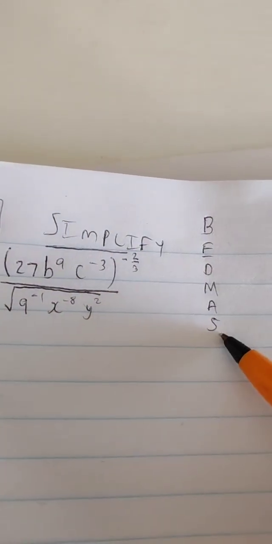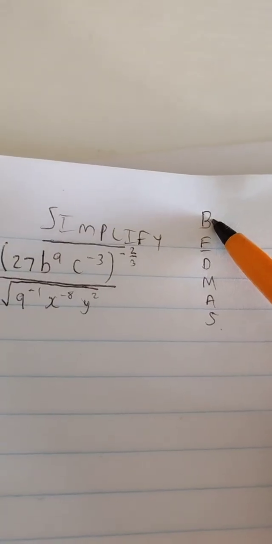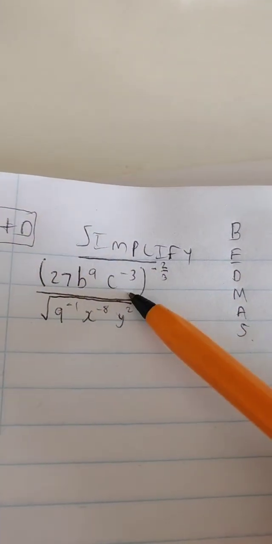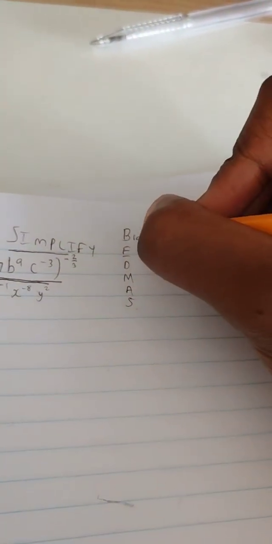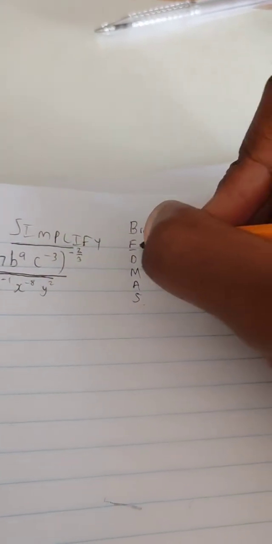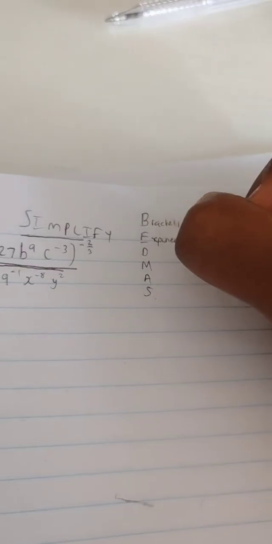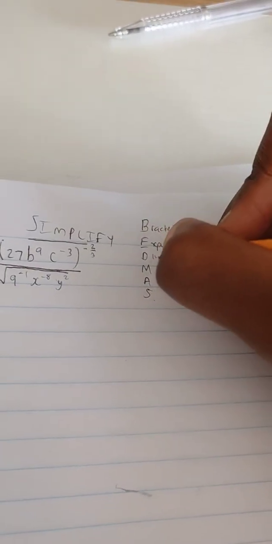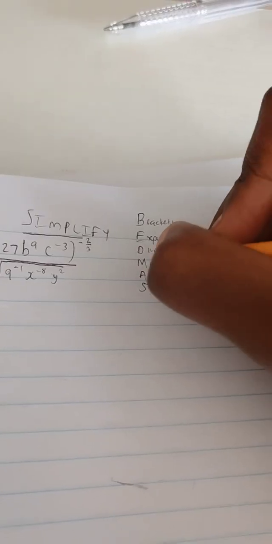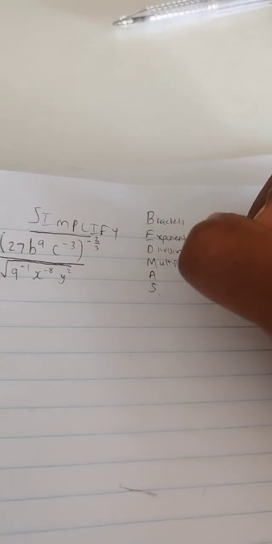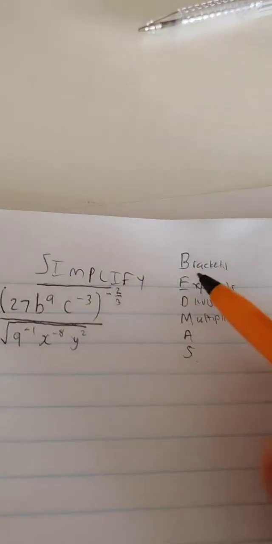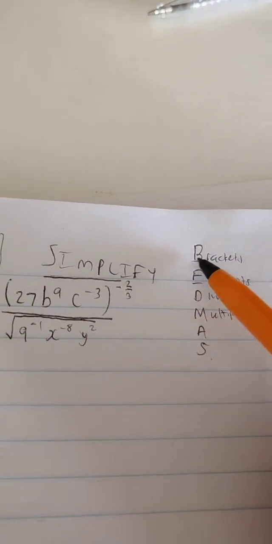BEDMAS: brackets, that's where we start. So if we're going to look at brackets, because B means brackets, E means exponents, we work in that order. D, division. M, multiplication. So as we work, we're going to look at brackets.